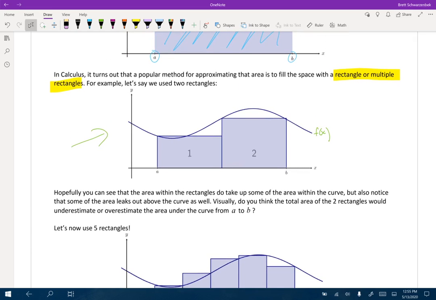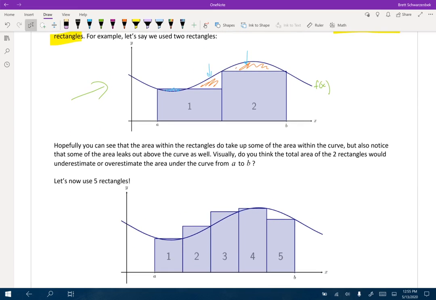But here, if you look at the way this is set up, it appears that most of the area is indeed shaded underneath this, but it looks like there's some missing area, right? If you look in here and here, it seems like there's some missing area. Now note, there is also some extra area in here, but does it really compensate for the missing area here and here?